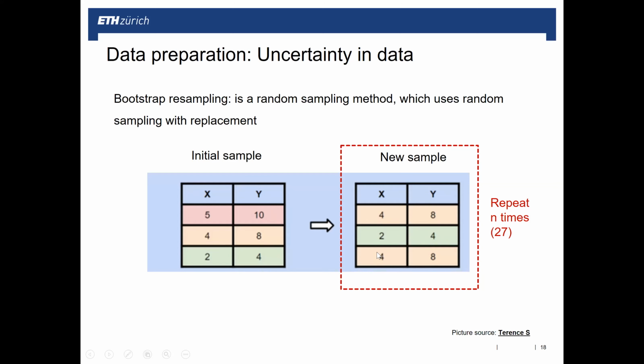Then for the last one, we also sample from the initial samples. It could be repeated or not repeated. So if you only have a length of 3, there are 27 possible combinations, which means you can generate 27 different time series.